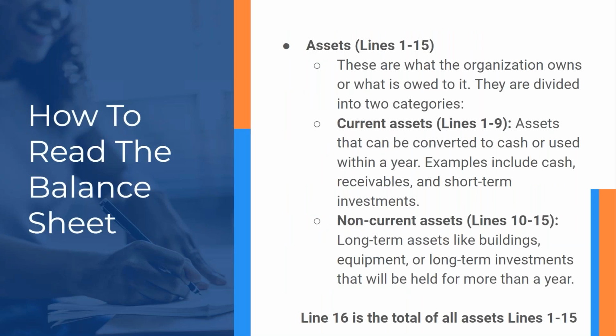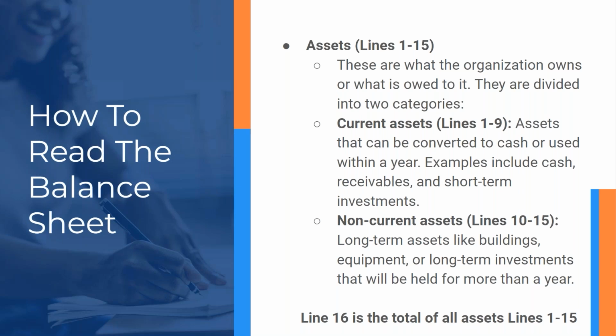So we'll start by talking about the assets. These are what the organization owns or what is owed to it. They're divided into two categories. You have your current assets reported on lines 1 through 9. These assets can be converted to cash or used within a year. Examples include cash, receivables, and short-term investments.